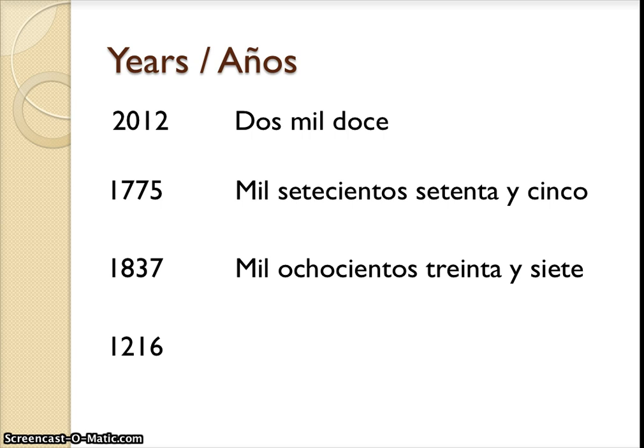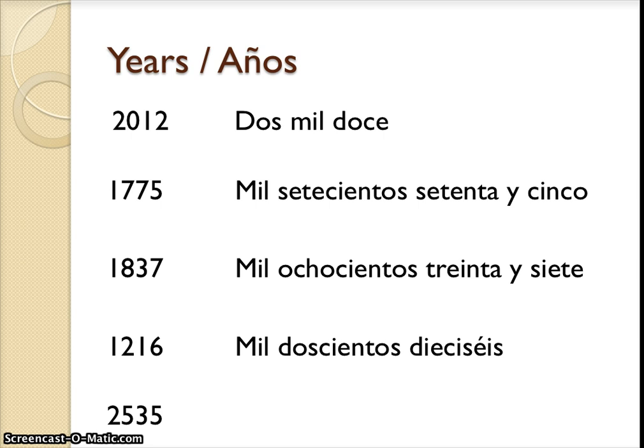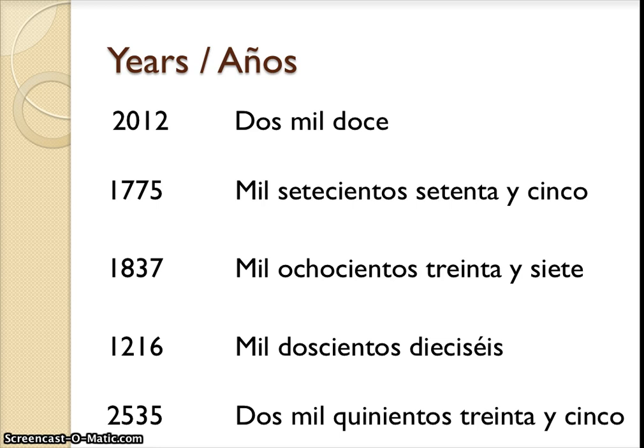All right, 1216. Okay, we're going to start with our thousands, mil, our hundreds, doscientos dieciséis. All right, 2535. Start with our thousands, dos mil, then our hundreds, quinientos treinta y cinco.